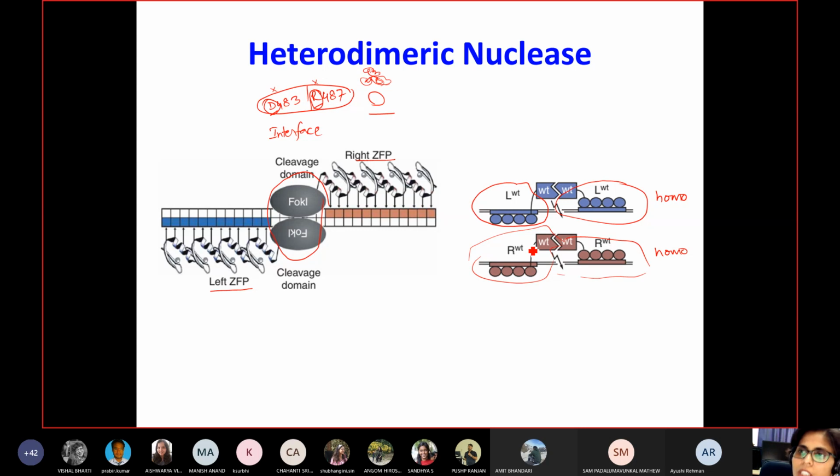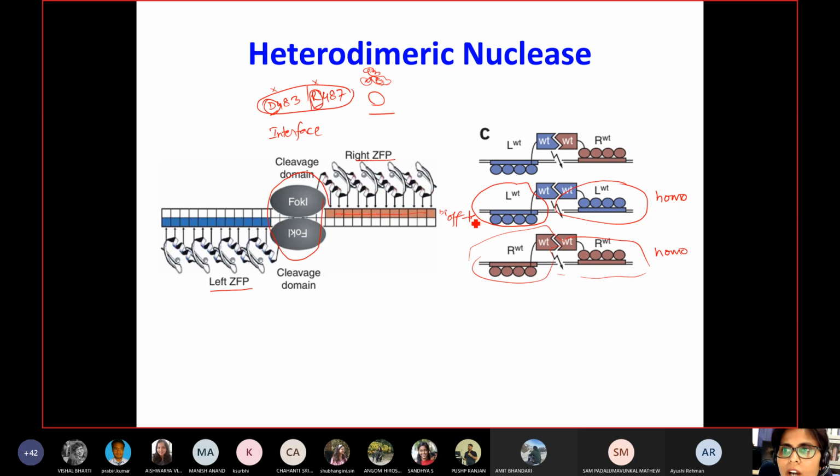So now we are touching on this prominent subject. People saw that when you transfect these left and right zinc finger proteins or TALEN, they were able to get homodimers as well as heterodimers. What you want in your experiment is, if you want to target one right basis of this sequence, then this protein should only bind here, and not go to any other sites in the complete human genome and give off-target effects.